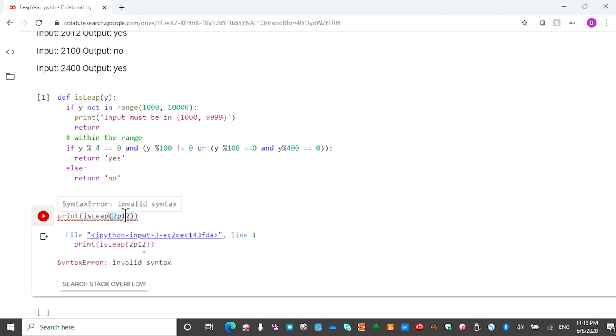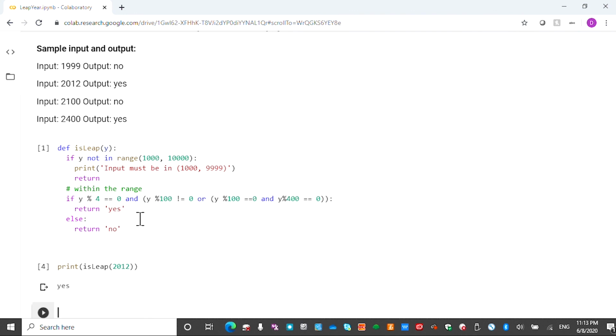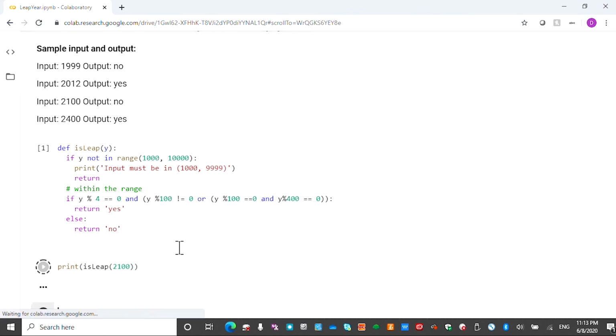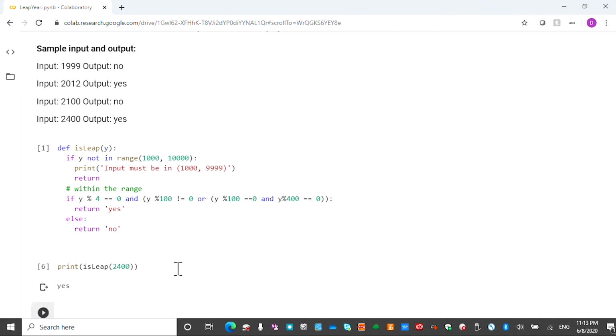Got a typo. 2012 says yes. And 2100 should be no. It said no. 2400 should be yes. So it passed.